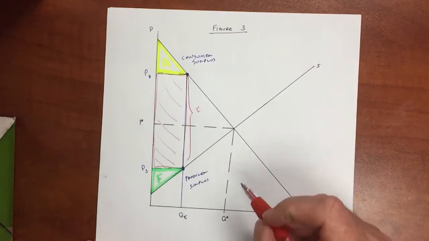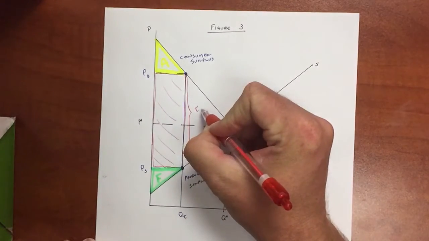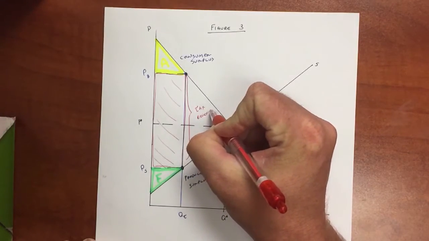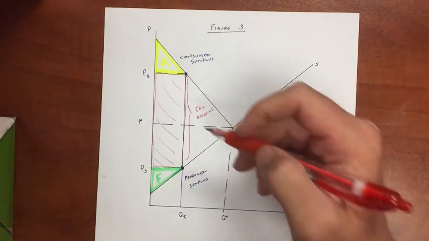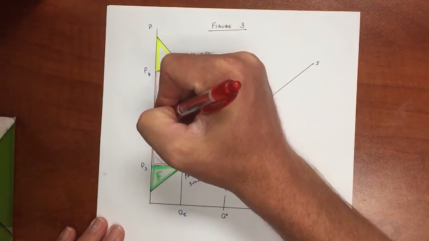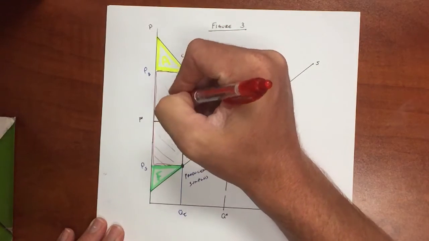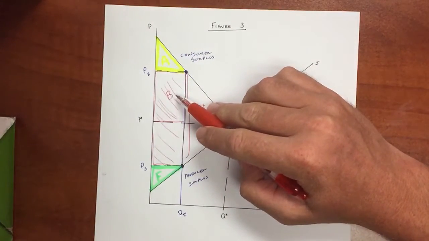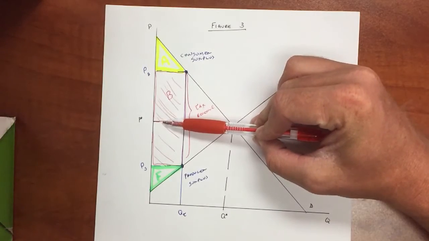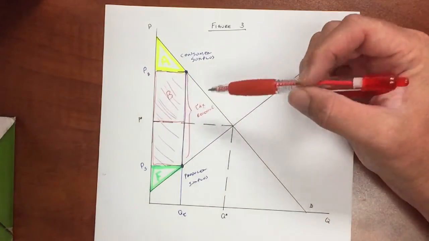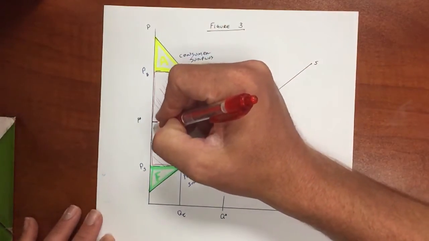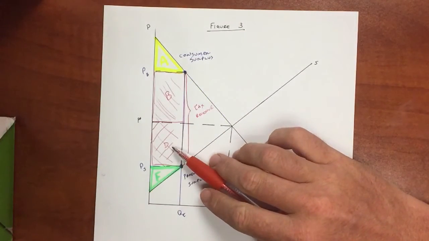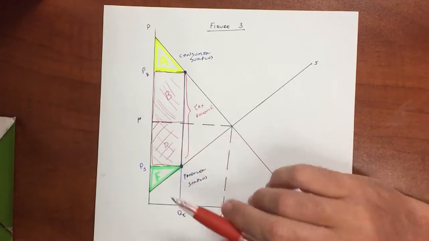So this whole area represents the tax revenue that the government receives. We'll call this top portion B, and that's the portion coming from the consumer, because before the consumer was paying this lower price, and now they're paying the higher price. This part right here we'll call D. That's the amount of tax revenue coming from the producer.